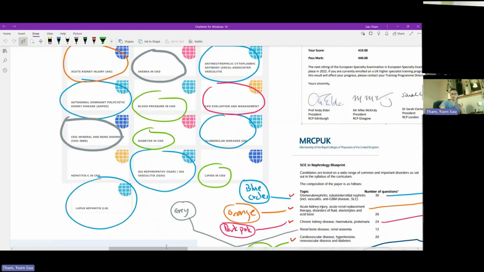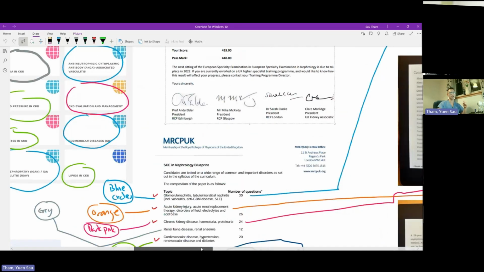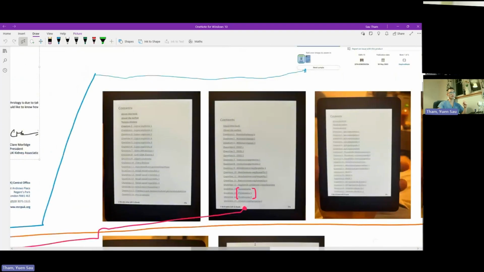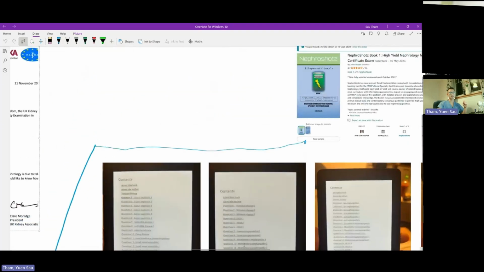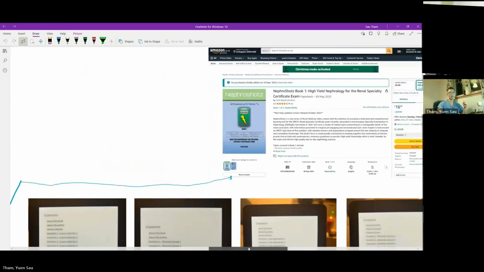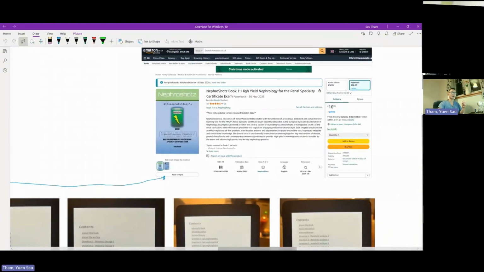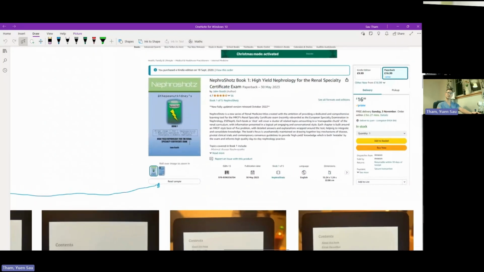But it doesn't really explain to you the nuances of the disease, the rationale behind it. And this comes to my next resource. I would really, really recommend you to read this, what I call a textbook.